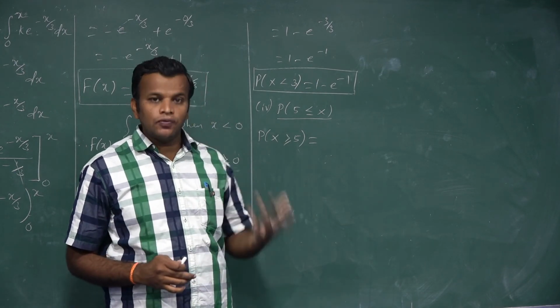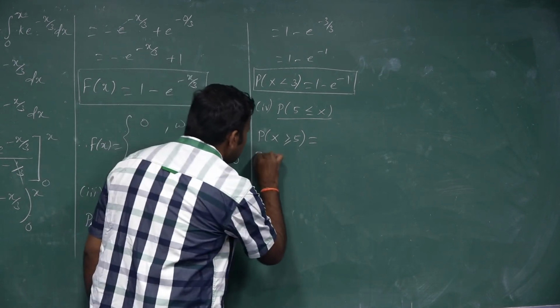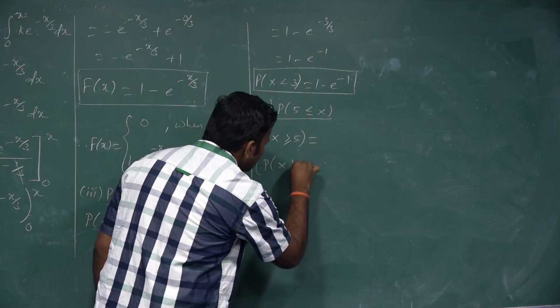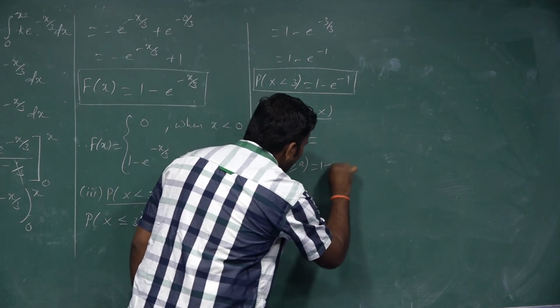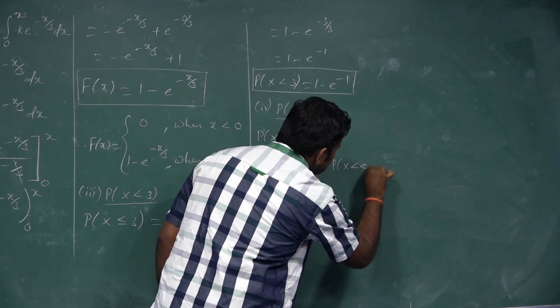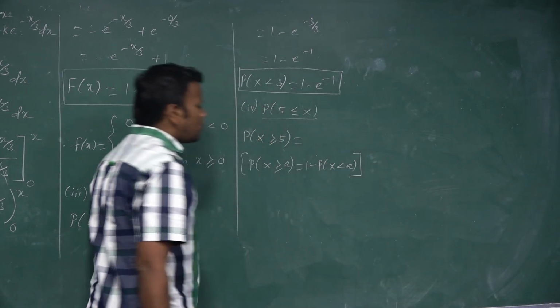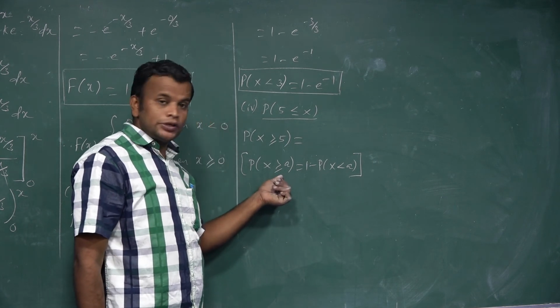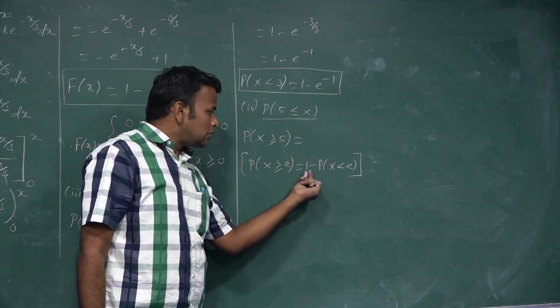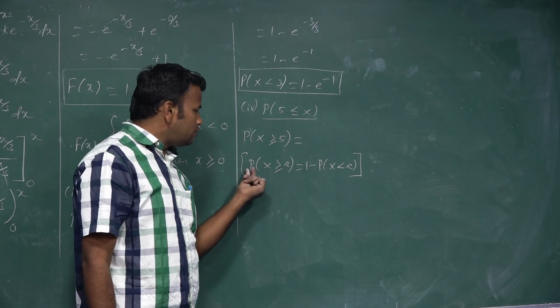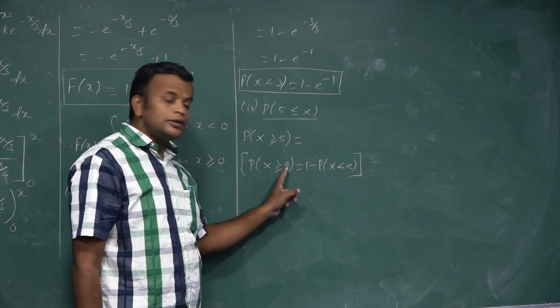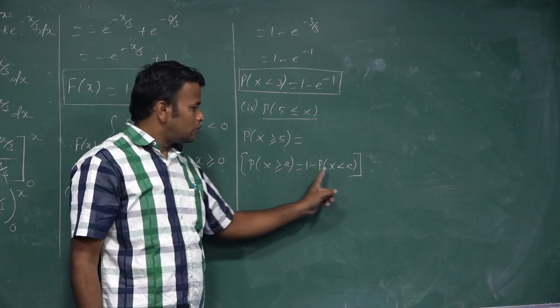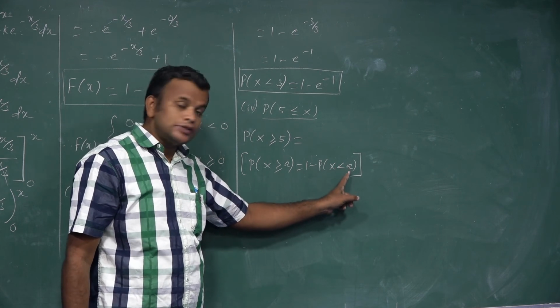So using capital F of x, I use one formula: 1 minus P of x less than a. Because the total probability is always 1, to find the probability when x is greater than or equal to a, its complement is the probability when x is less than a.